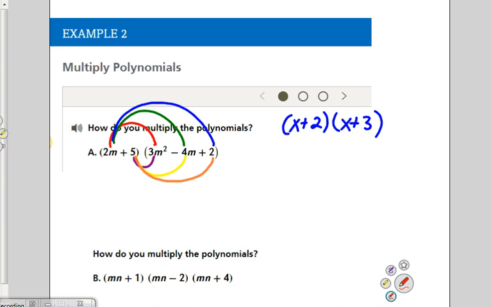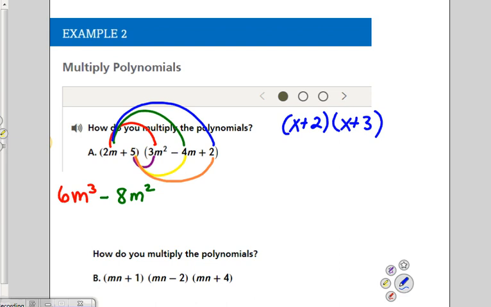The red arc will give me 6m to the third. Multiply the coefficients, 2 times 3. Add the exponents. M times m squared makes m to the third. Let's go to the green arc next. We have 2m times negative 4m is going to be negative 8m squared.